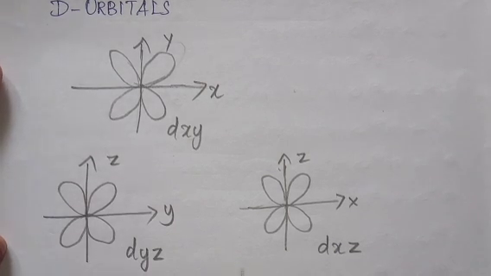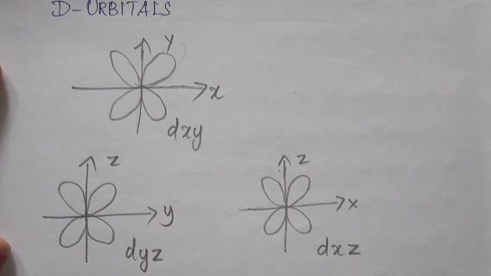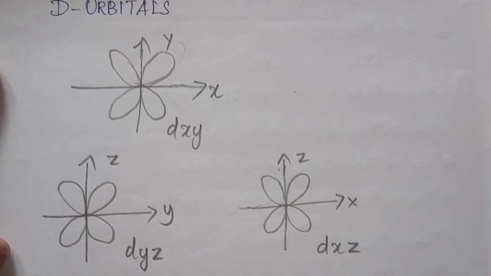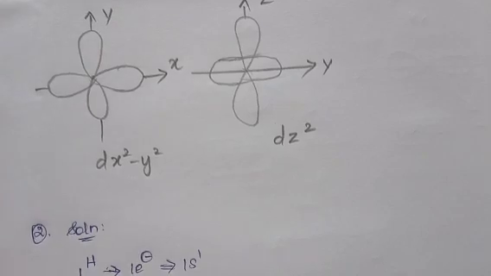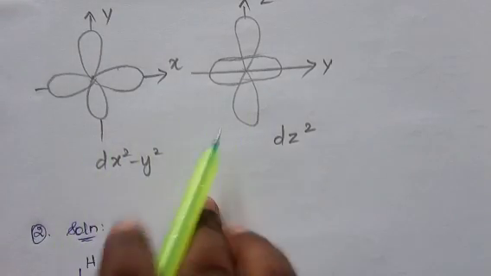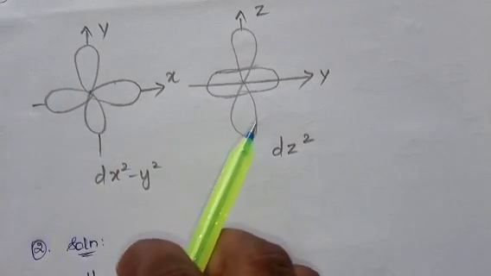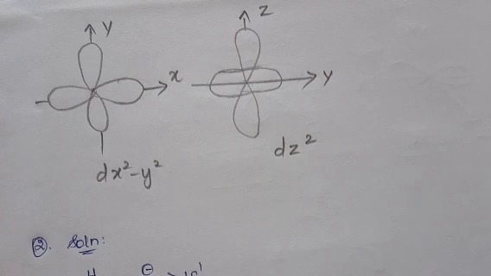So these are 3 diagrams for d orbitals. The remaining 2 diagrams are at the back of the page. So these both are also d orbitals answer.